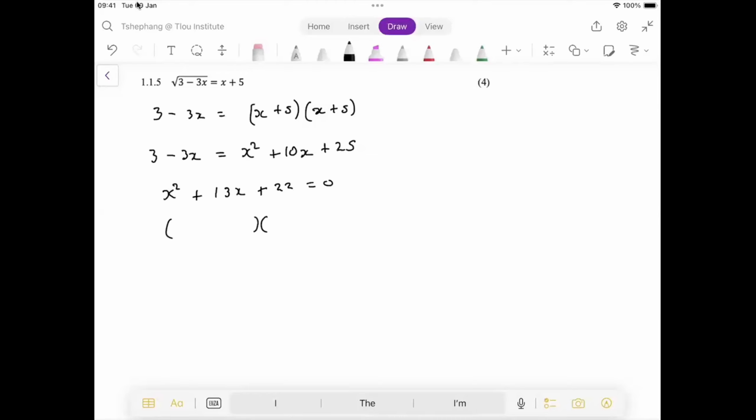Can factorize. x plus, plus. This will be 11 and 2. So x equals negative 11 or x equals negative 2.